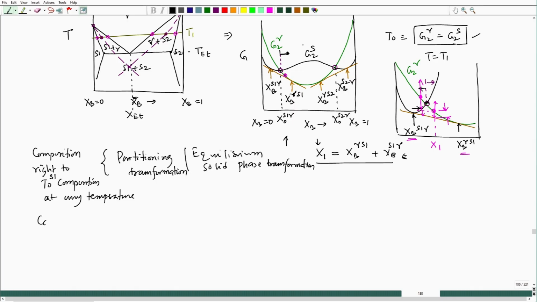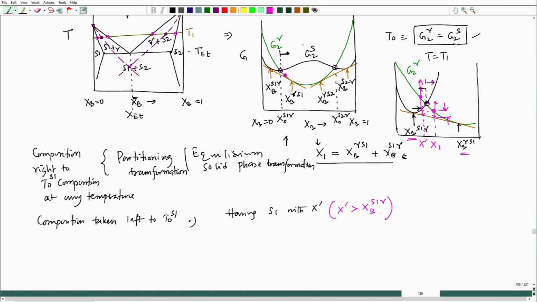So, now a composition taken left of T naught S1, then we have the possibility of having S1 with x, let us say x prime. So, let us take this composition as x prime, and x prime is actually greater than XB of S1 in equilibrium with gamma.